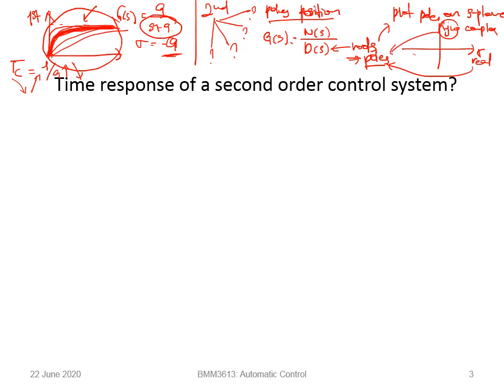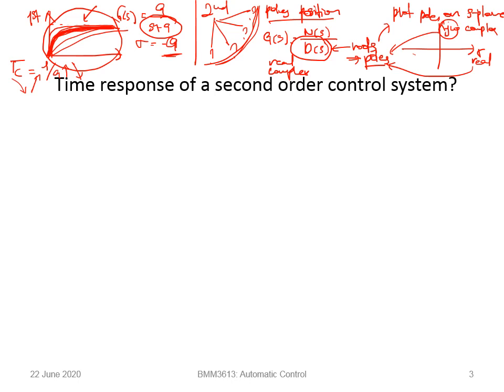If you remember, this is a polynomial, and when you find a root, it can be a real number, or it can also be a complex number. And depending on the position of your poles in this S-plane, the criteria of time response in a second order system will change, right? So let's look in this particular slide at the first type of second order time response.